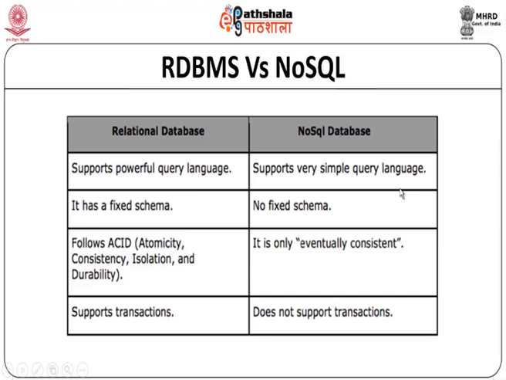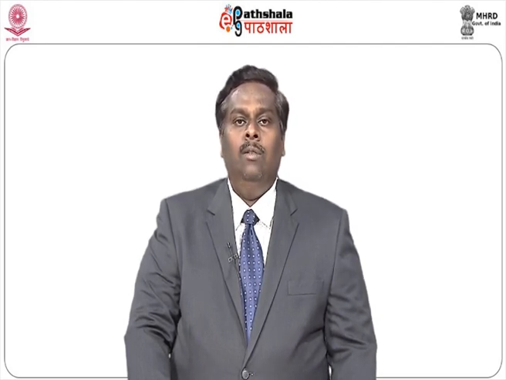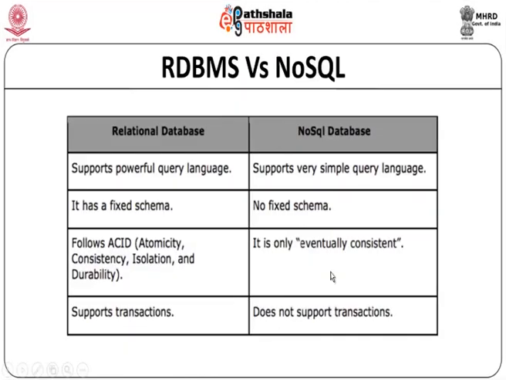The relational environment follows the ACID properties: atomicity, consistency, isolation and durability, but in a NoSQL environment we follow the eventually consistent property. Eventually consistent means that in due course of time the data in your databases will be made consistent. Lastly, the relational database environment supports transactions, but NoSQL type of databases do not support transactions. These are the major differences between RDBMS and NoSQL type of databases.